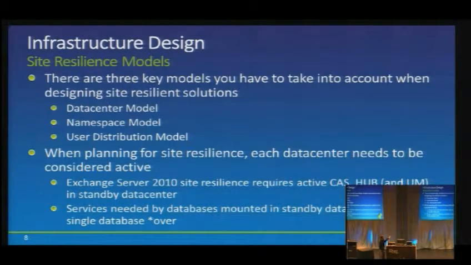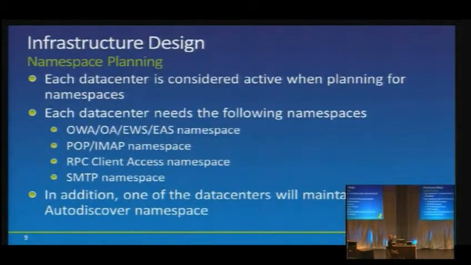Okay, so let's talk about the namespace planning first. That seems to be the thing that trips people up the most. The reason it trips people up, I think, is because there's a difference in Exchange 2010 that we haven't had before. Even with 2007, when we had standby continuous replication, being able to replicate to standby data centers, you still didn't really need all of the infrastructure services there because those services wouldn't come into play until you actually activated and moved the clustered mailbox server over there.